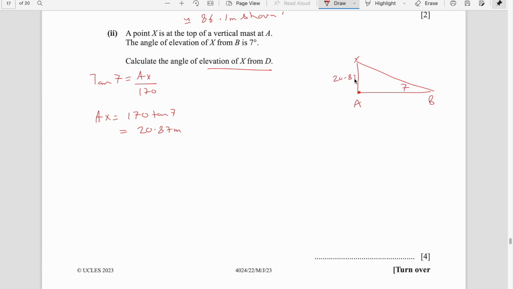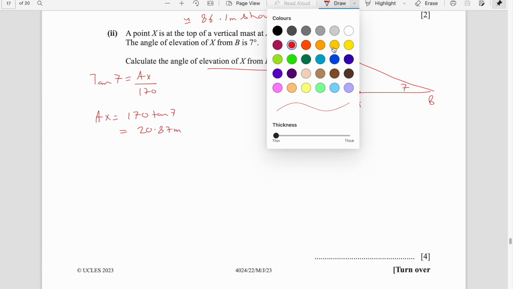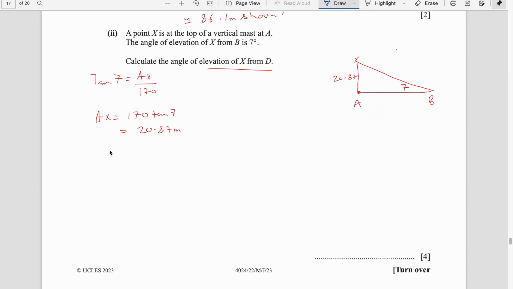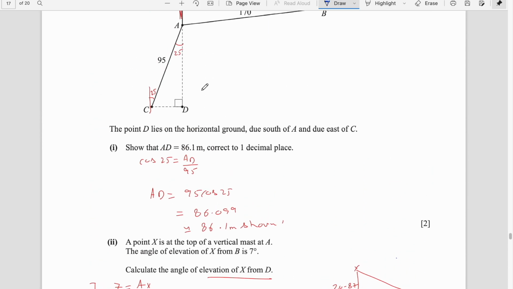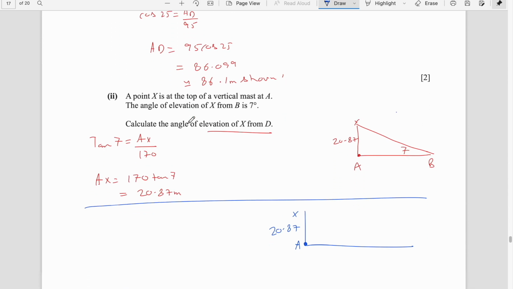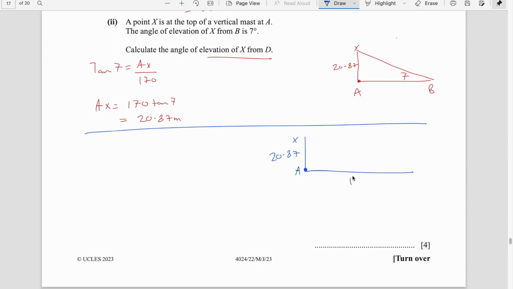Now we are interested to find it from D. So let's say we use that same triangle A, this is X, that is 20.87 already, and this is D, and we've already found AD, which is 86.1 in the second last part.